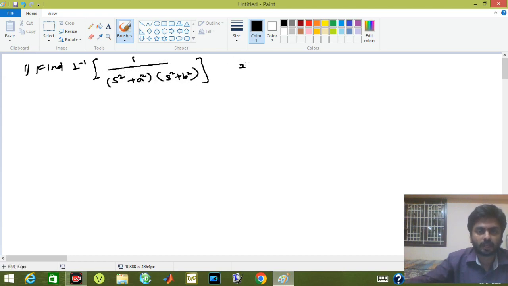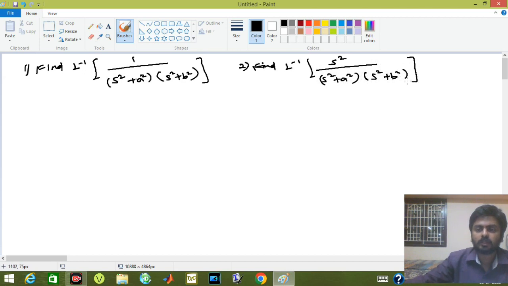And the second problem is: find L inverse of s square divided by (s square plus a square) into (s square plus b square). So these are the two problems we are going to see today.